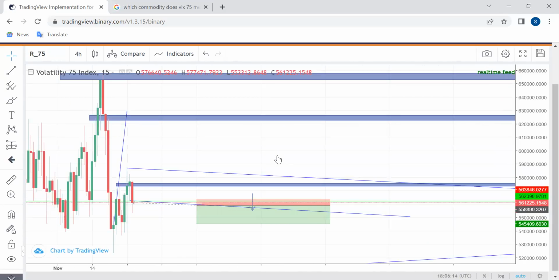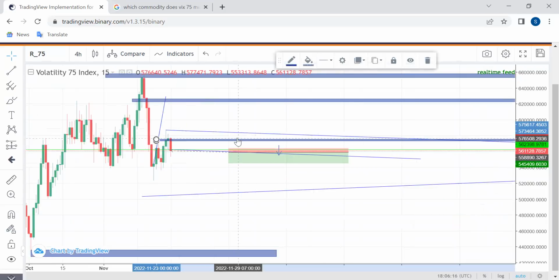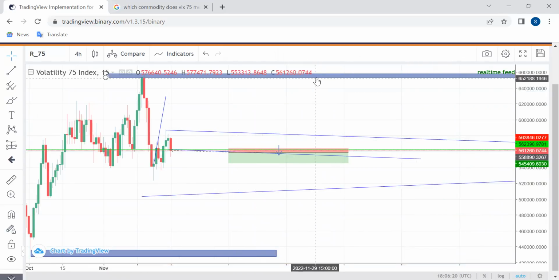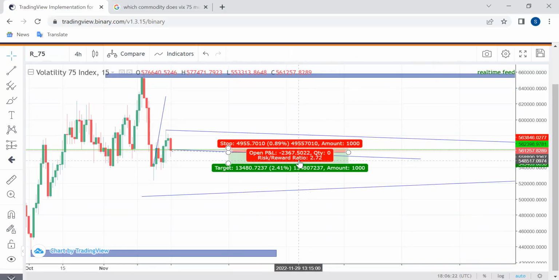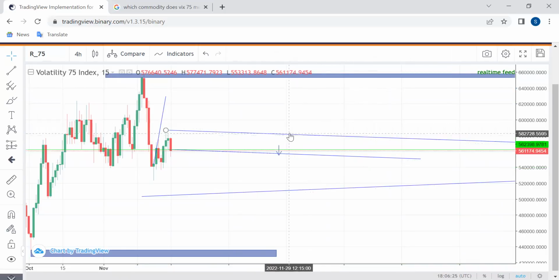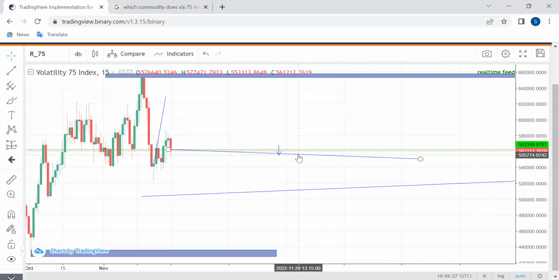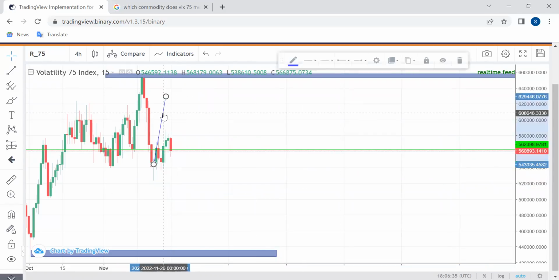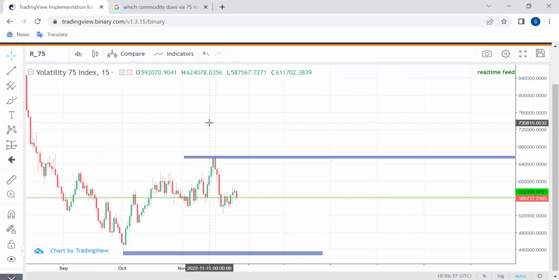So let me just delete these. This was just my analysis. Let me delete this quick. That one, this trend line, that trend line. Yeah, now we're good to go.